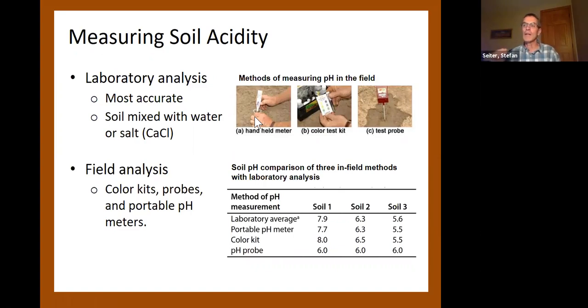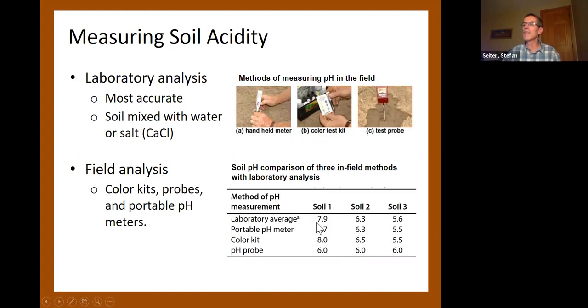But it is a little bit of a problem to always keep those really prepped and ready. The color test kits can be good if you always have fresh reagents, if you don't have them stored forever and then they become old. These test probes, they're not super accurate.